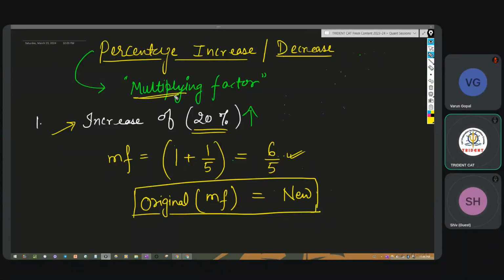But when I was preparing, I started preparing from one of the institutes, and that institute used to call it multiplying factor. So I just picked up that lingo. I have seen people using the word multipliers. That is also fine. Basically, Shiv, the idea is that an increment of 20%, 30%, or an increment of a number corresponding to a percentage will always take place with the help of this multiplying factor.